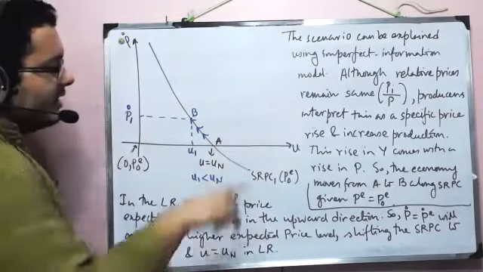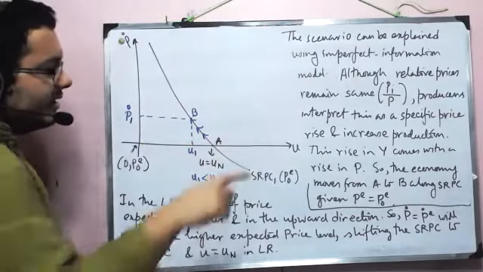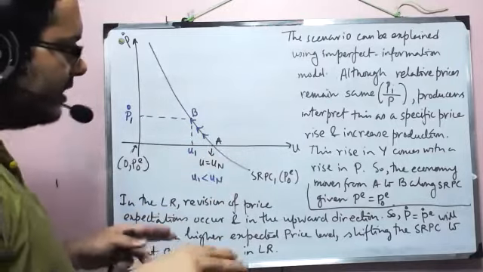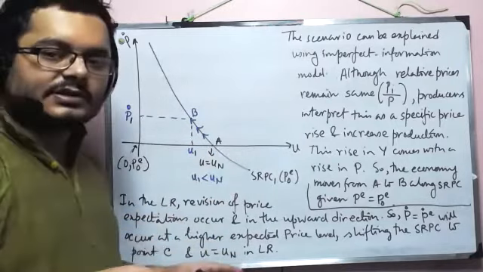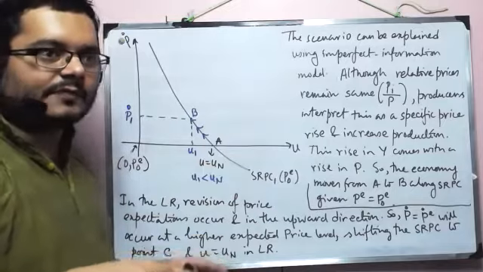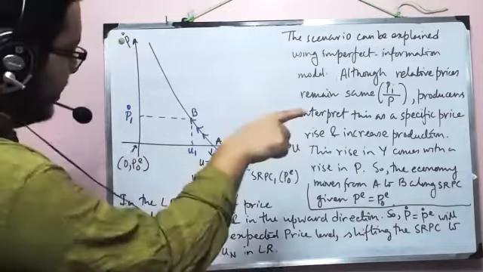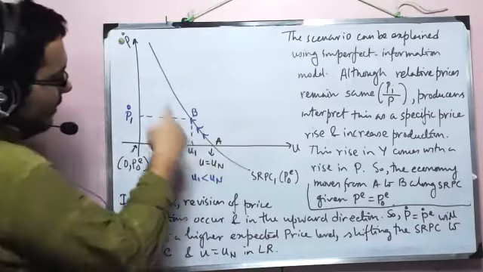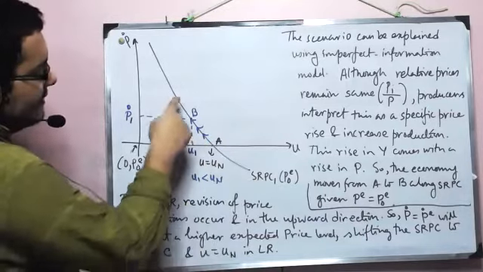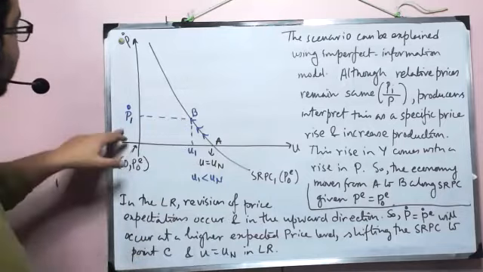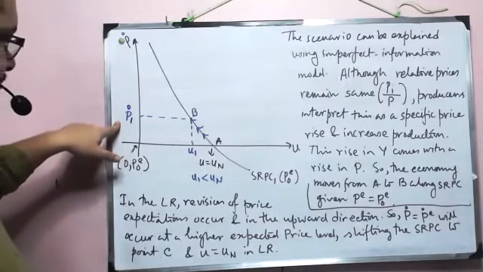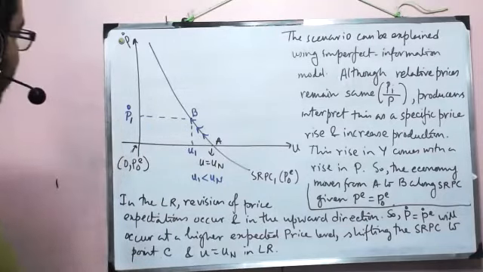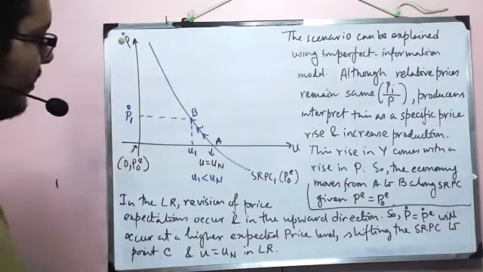In the short run, output will increase, and why output will increase, that explanation we are currently providing using the imperfect information model. So output increased, unemployment reduced, and as unemployment reduced, we moved upward along this Phillips curve and reached an actual price level change. Let's say this is the inflation now.